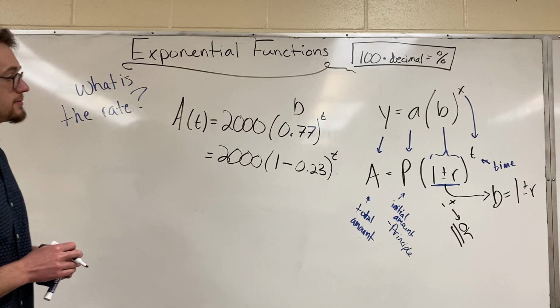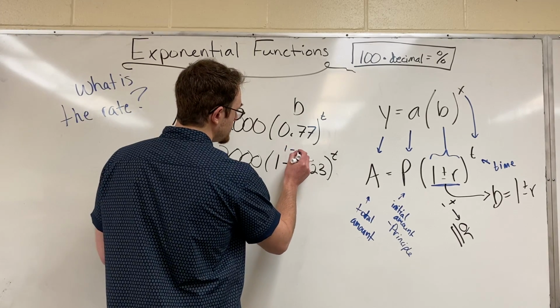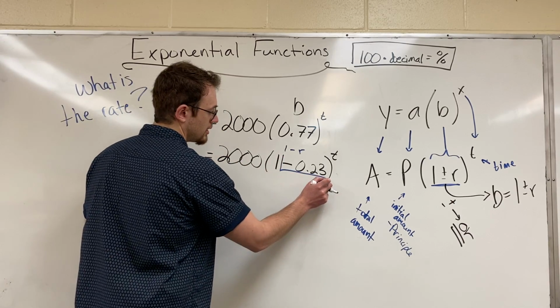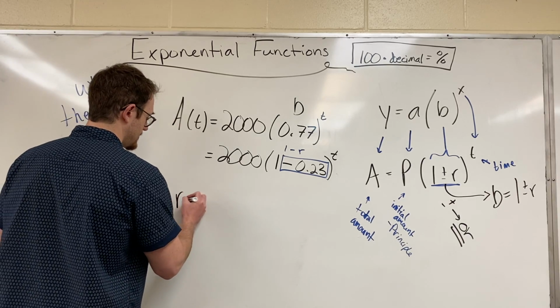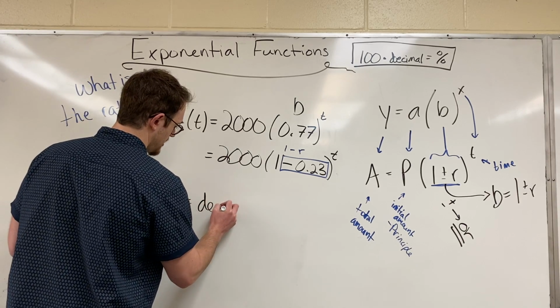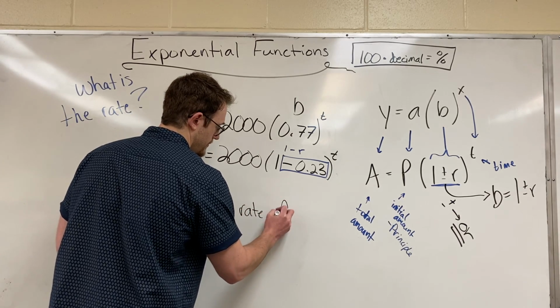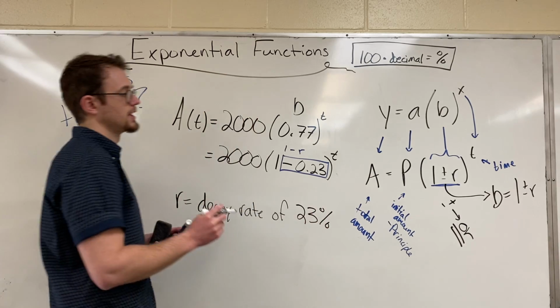All right, so now I have it in the correct form that I need it to be in, which is 1 minus R, so I now know what my rate is. So R equals a decay rate of 23%.